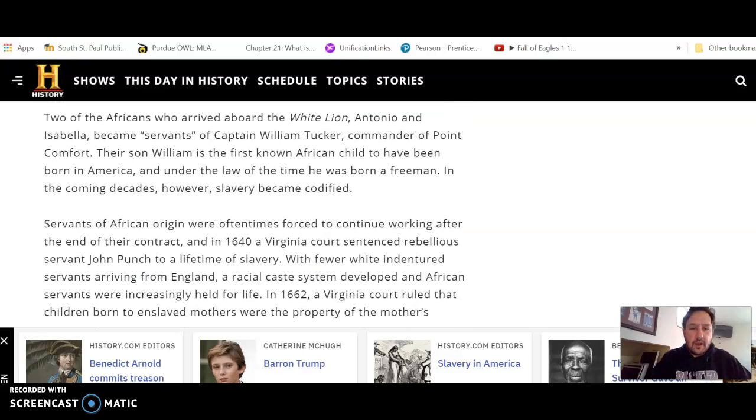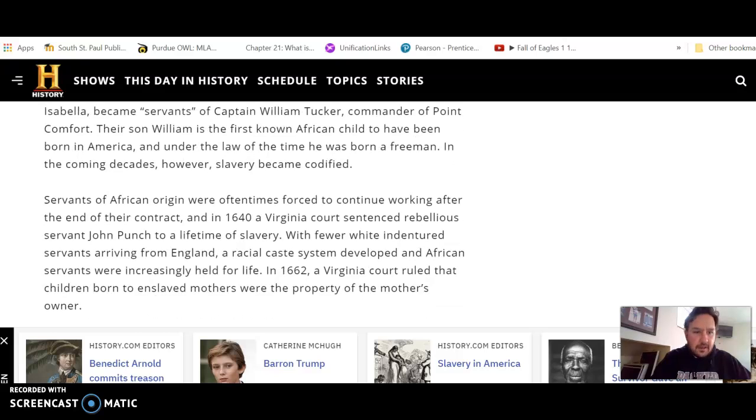Two of the Africans who arrived aboard the White Lion, Antonio and Isabella, became servants of Captain William Tucker, commander of Point Comfort. Their son William is the first known African child to have been born in America, and under the law of the time, he was born a free man. In the coming decades, however, slavery became codified.